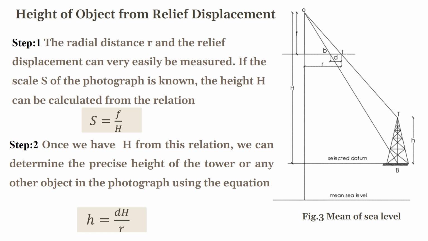Once we have capital H from this relation, we can determine the precise height of the tower or any other object in the photograph using the equation small h is equal to small d into capital H divided by r, as we know small d and r already. Yes, that's it.